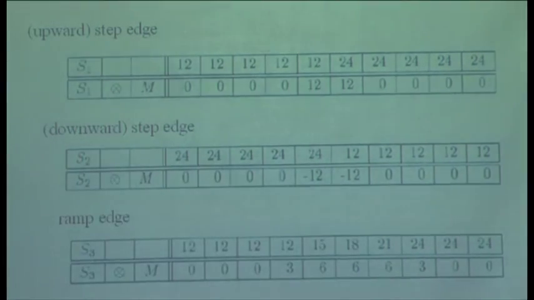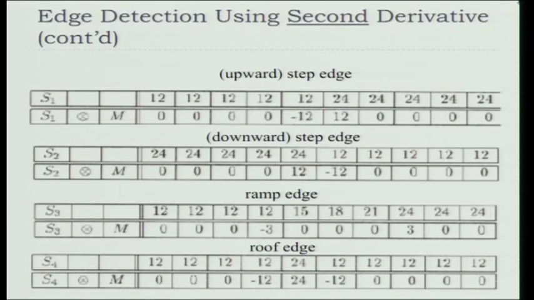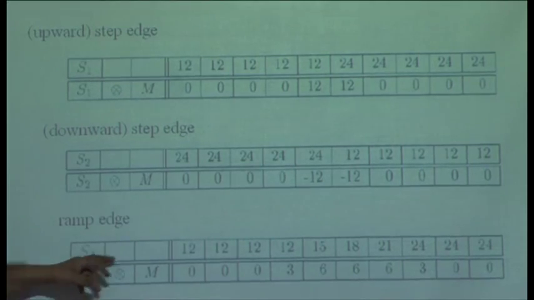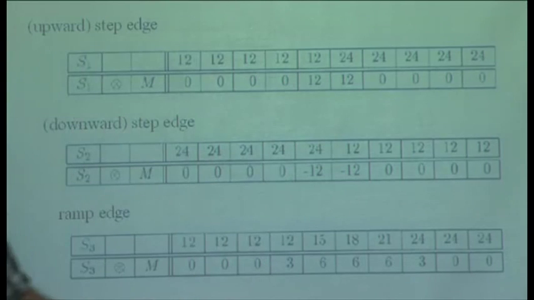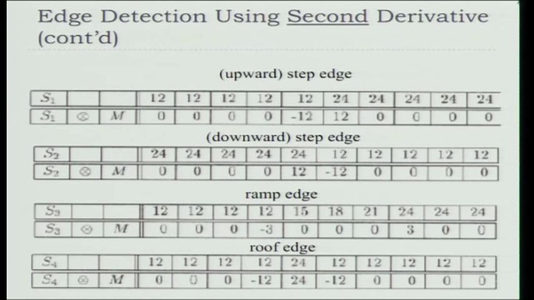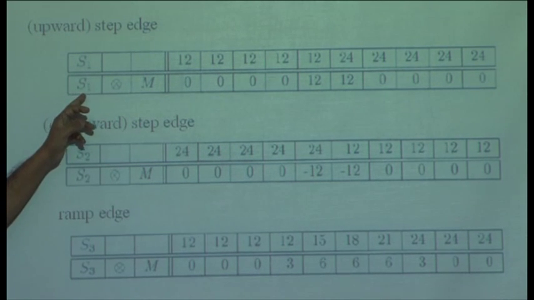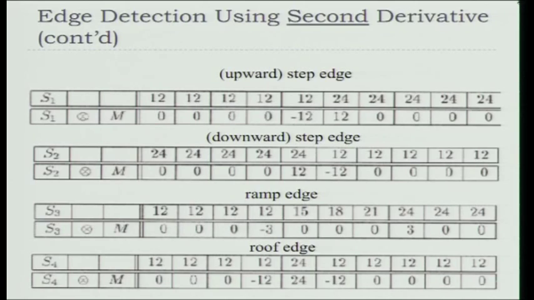So, it is a downward step edge and the resultant will be 0 0 0 0 minus 12 and then 4 zeros. This is the ramp edge where it is increasing 12 15 18 21 24 24 24, and this is a ridge edge where it is 12 12 12 12 24 and again 12 12 12 12 and so on. And the corresponding convolved image, S1 convolved with M, gets this result, right.